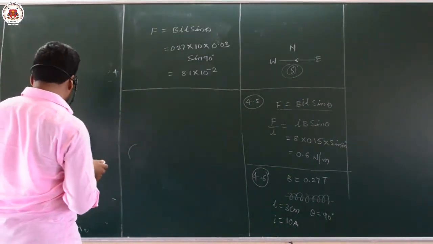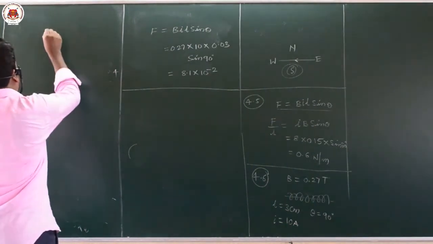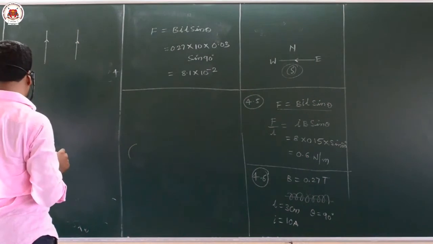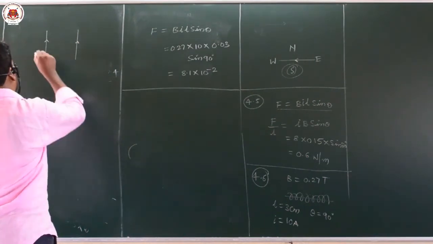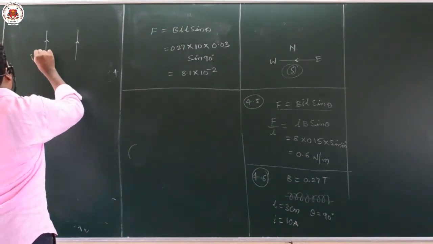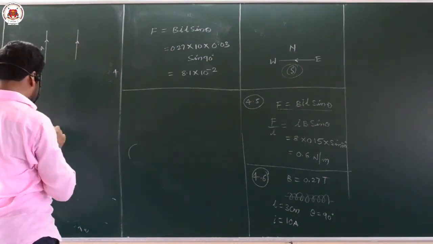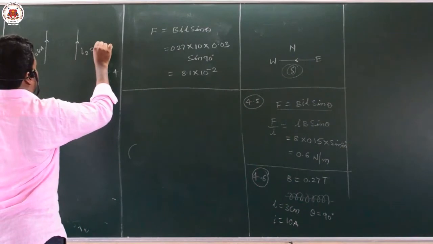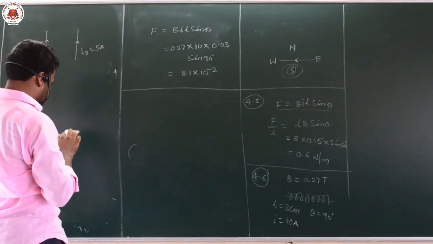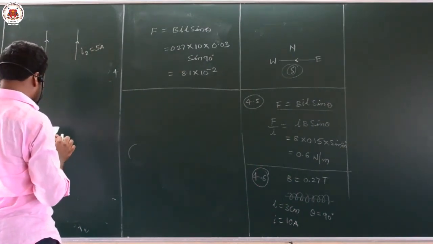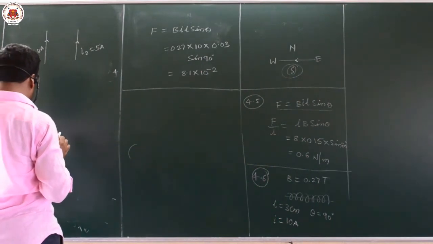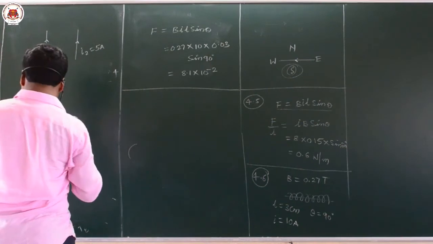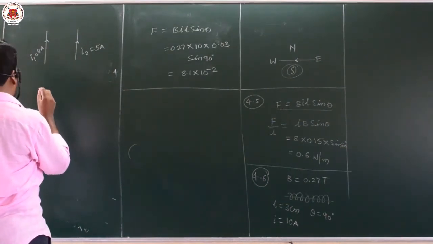There are two long parallel straight wires carrying current in the same direction, having 8 amperes and 5 amperes. Then what is the force on a 10 centimeter section of the wire?